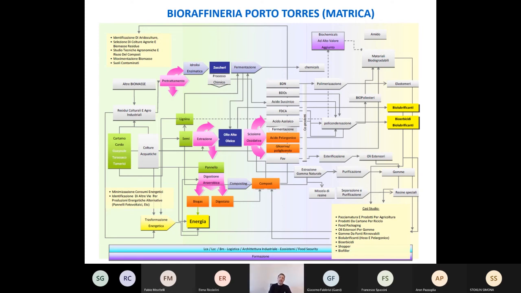They used a part of this unused land to cultivate cardoon, and then you see all the steps. Just to underline, you can have a lignocellulosic fraction. You move toward sugars, and through enzymatic hydrolysis you can obtain sugars, and then fermentation for the production of some biochemicals.